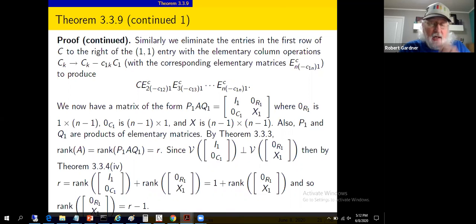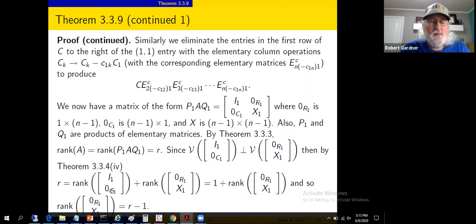I bring that up because when you have orthogonal spaces like this coming out of partitions of matrices, theorem 3.3.4 part 4, I guess, tells us that you can add ranks. When you got the orthogonality, you can add ranks. So the rank of matrix A, this parameter R, and this gives us a partition of I guess this matrix P1A Q1, but anyhow the rank is R of that one as well, is the rank of this first part plus the rank of this second part.